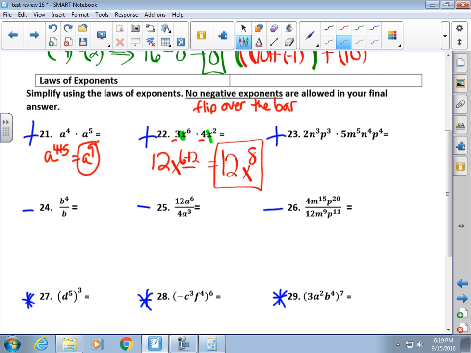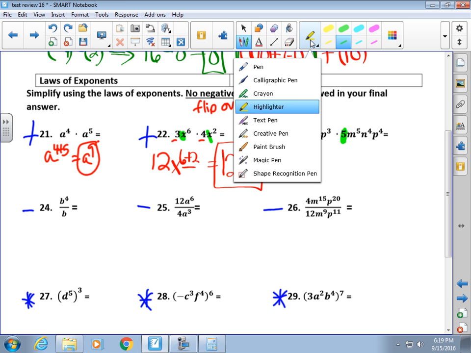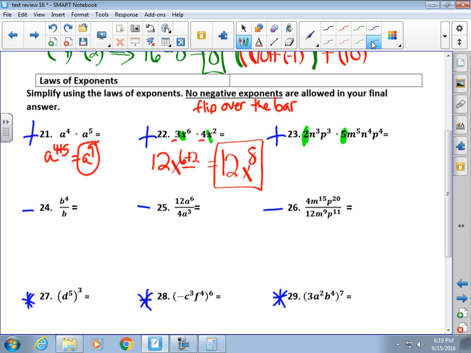23. I have 2 n to the 3rd, p to the 3rd, 5 m to the 5th, n to the 4th, p to the 4th. So let's start with my constant values. I have a 2 here. I have a 5 here. Their exponent is 1, so I can go ahead and multiply those like normal. 2 times 5 is 10.